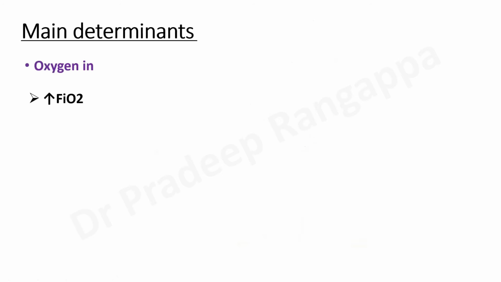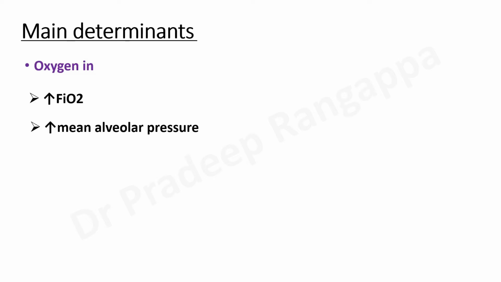So now we'll talk about what are the main determinants to improve the oxygenation in an individual. If you have to optimize oxygen, we have to improve the oxygen delivery, which is by increasing the FiO2. The second most important aspect which we would dwell on is increasing the mean alveolar pressure.